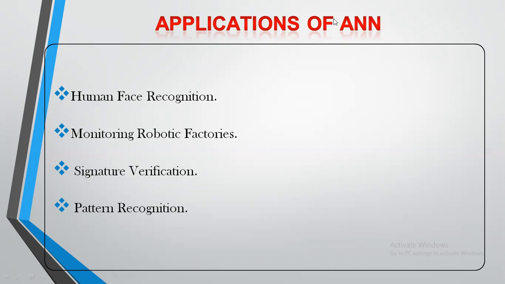They are using artificial neural networks everywhere nowadays to monitor factories or identify faults. The next application is signature verification. The signature is one of the most important things to authorize and authenticate a person. In this method, the machine trains a neural network to classify signatures as genuine or not.